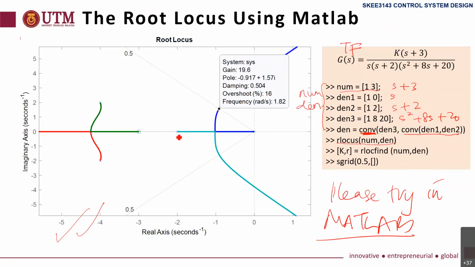The root locus shows pole 0. Here are the other poles, so there are 4 poles.